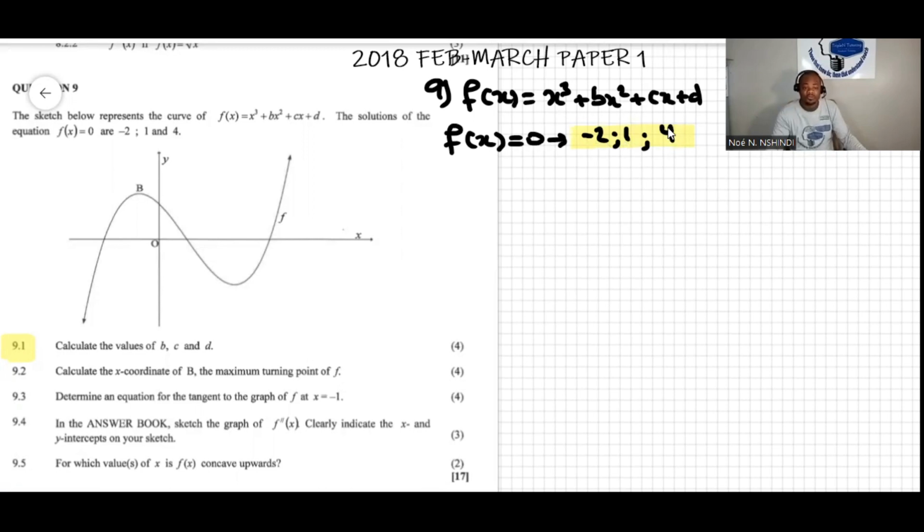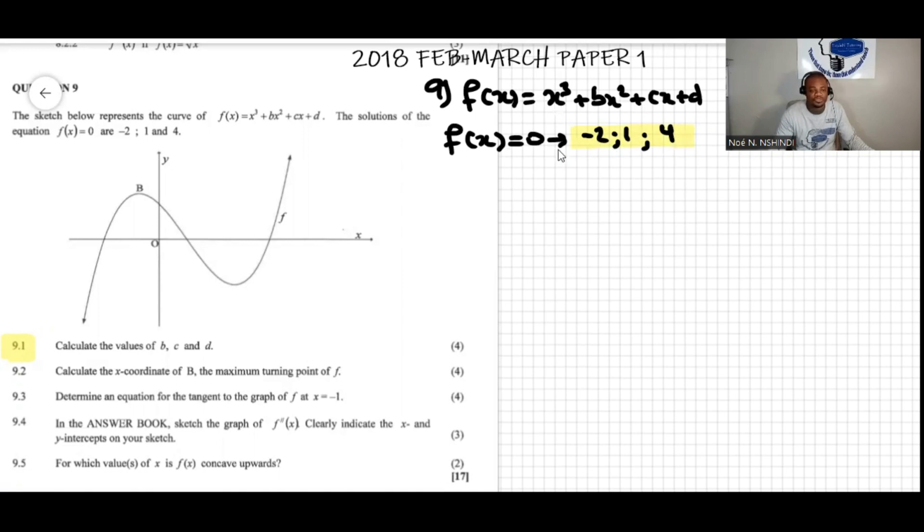Remember, with a cubic function, we have a maximum of 3 x-intercepts. Now, obviously, f of x is y. An x-intercept is when y equals 0. When we set f of x equal to 0, the solutions are -2, 1, and 4. So those are the x-intercepts.